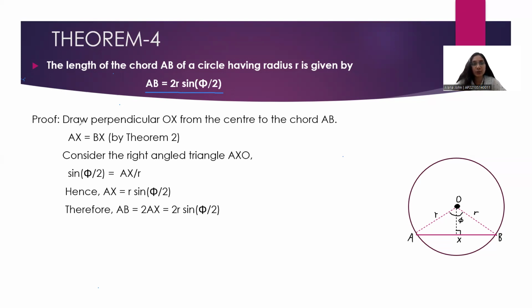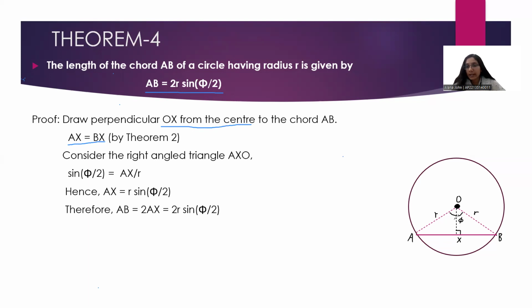First, draw a perpendicular OX from the center to the chord AB. Then this OX divides the chord into two equal parts, AX equal to BX by theorem 2.